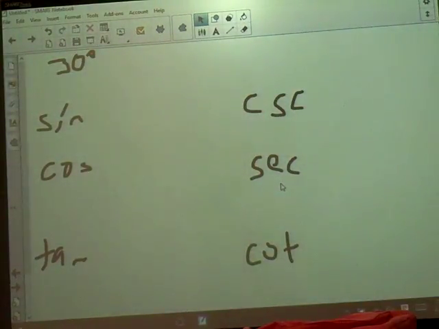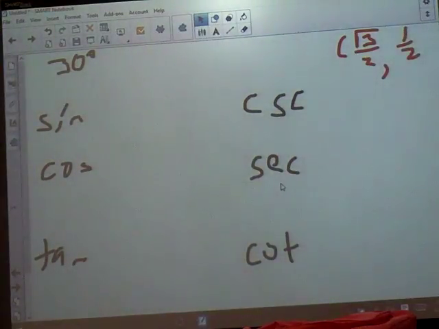Okay, so find 30 degrees first off. That's step 1. Tell me what is the ordered pair associated with 30 degrees? The square root of 3 over 2, comma 1/2.